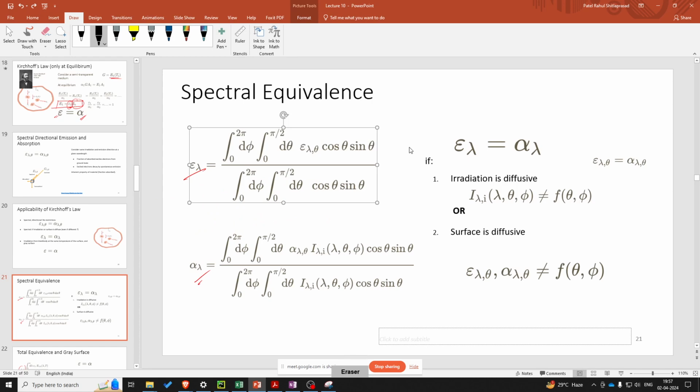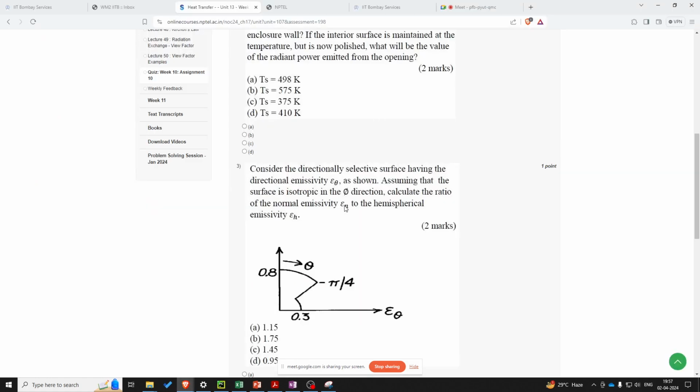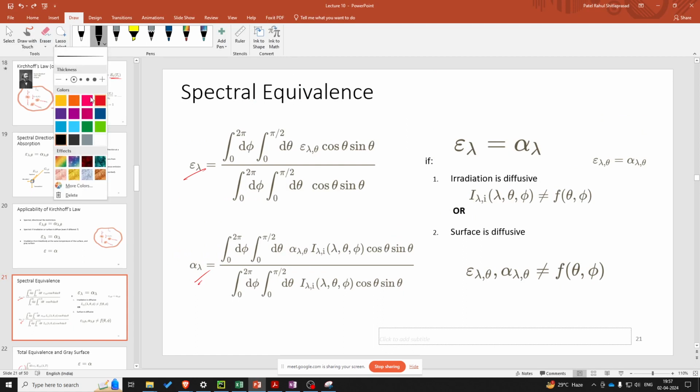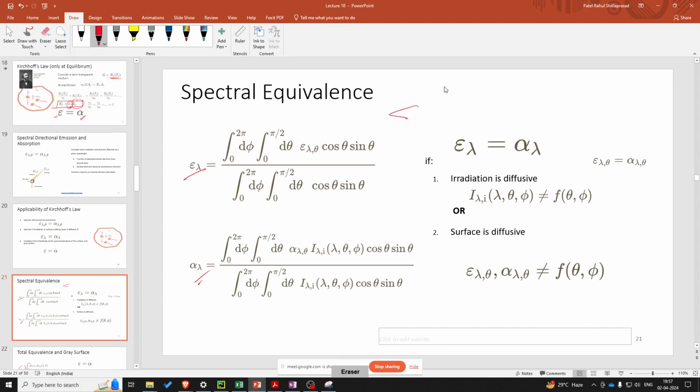What you can do is, see, in the question you have been asked to find the ratio of epsilon n upon epsilon h, correct? Epsilon n is nothing but the normal emissivity.